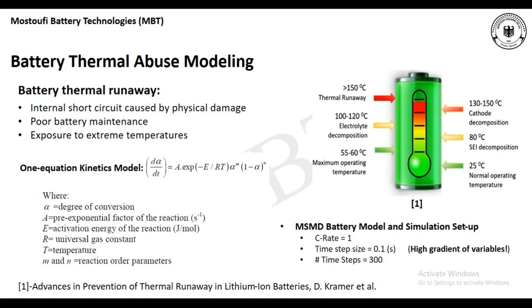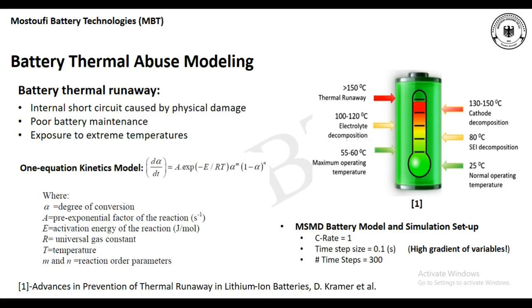In the Ansys software, in order to model this thermal abuse, there is an advanced tab in the MSMD battery model that uses two models to simulate the thermal runaway. The first one is a one equation kinetics model, and the second one is a four equation kinetics model. In this simulation, we're going to use the one equation kinetics model, as you can see here.